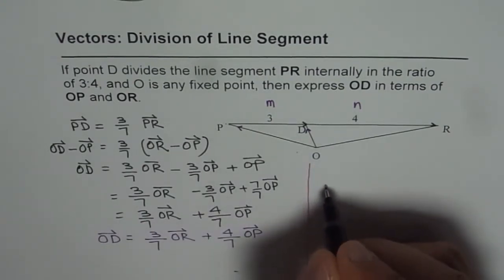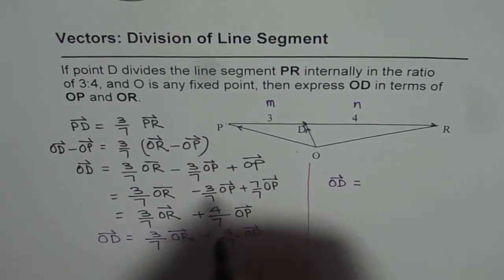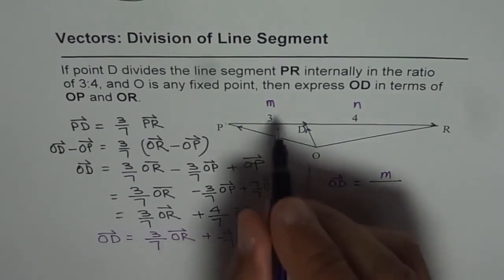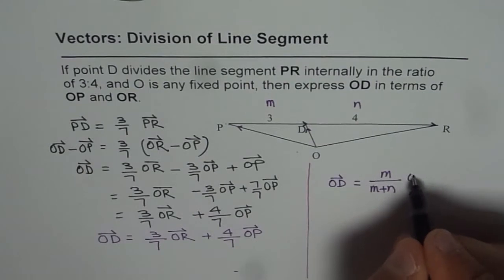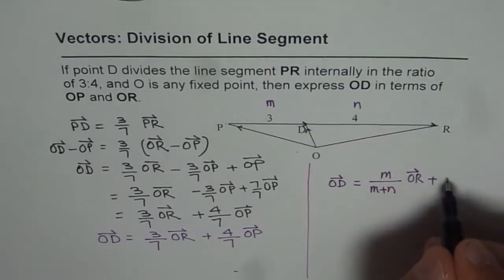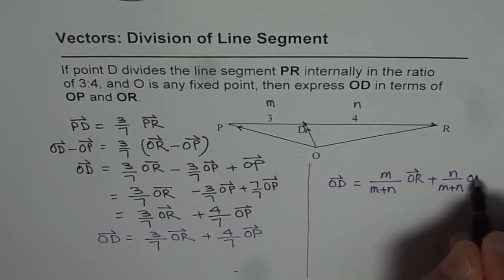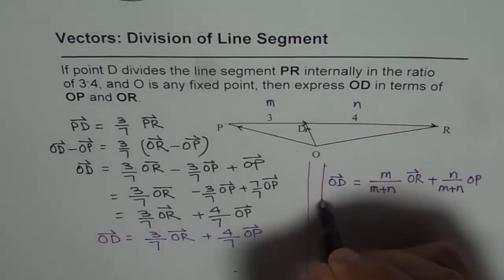You get a formula which is OD is equal to m divided by (m plus n) OR, plus n divided by (m plus n) OP.